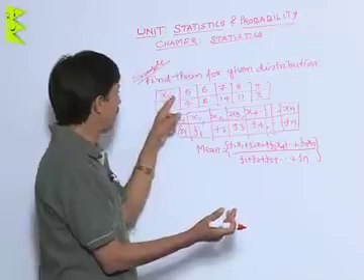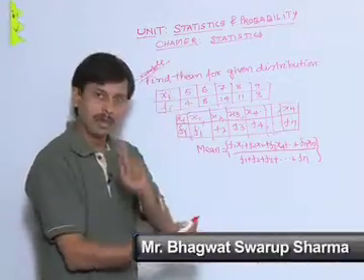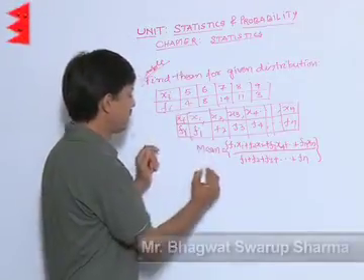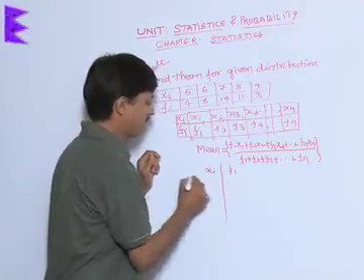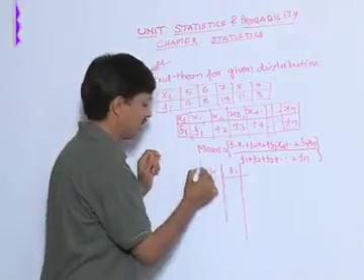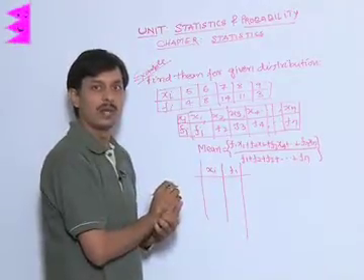If we apply this here, we need to make a table with xi and fi. xi is the observation, fi is the frequency.